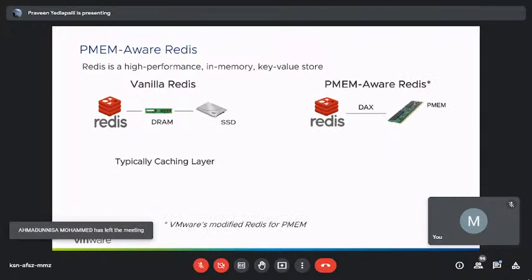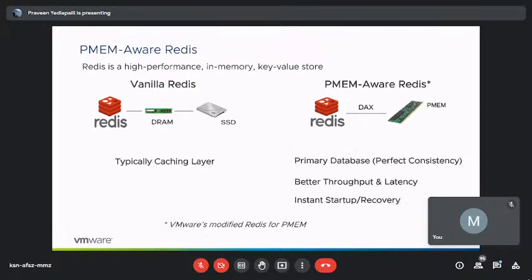So in VMware, we modified Redis because it's an open source database. Anyone can download the source code, modify the code and try different changes. What we did in VMware is we modified the Redis application to understand the new PMM technology. And with that, the advantage we get is better throughput and latency. I'll show in the next slide how much better it is.